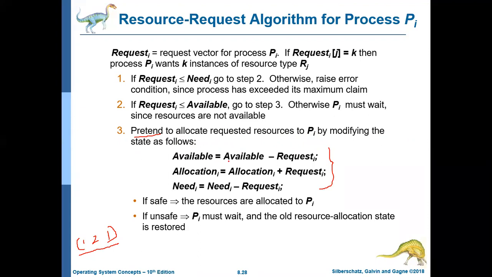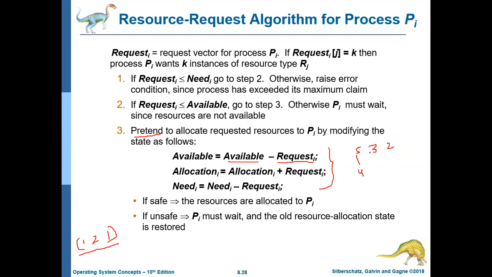Your available will be reduced, because you are giving all the resources from your availability. Available will be decreased by request. If your available was 5, 3, 2, and you are giving 1, 2, 1, then 5 R1 means now you will have 4 R1.